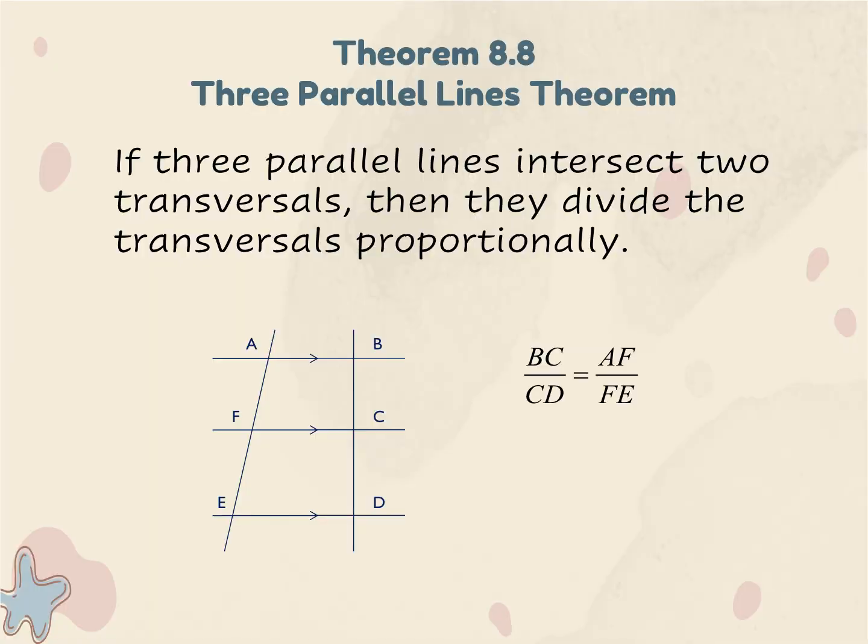All right, 3 parallel lines theorem. If 3 lines intersect 2 transversals, then they divide the transversals proportionally. So when you're given something like this, I think it's easier to do top over bottom, and where's my top and my bottom? I would consider these my top values, these my bottom values.